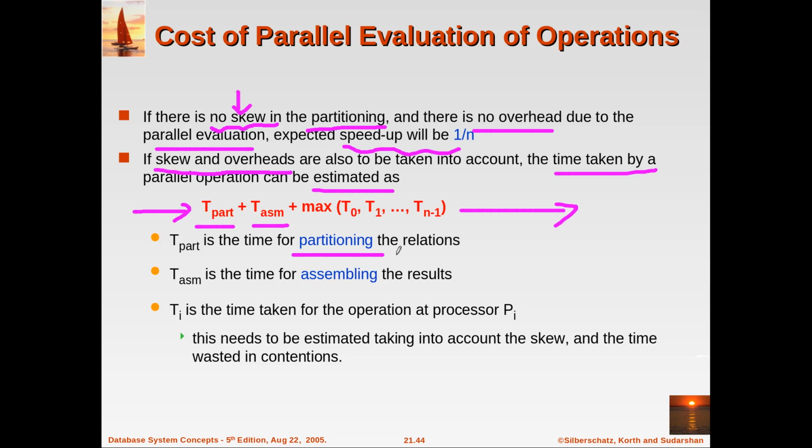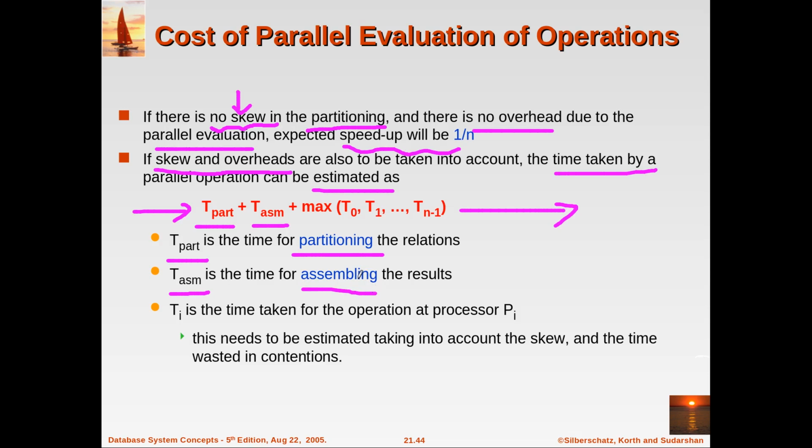For any parallel operation, the initial thing that we do is partition the relation so that the tuples can be distributed among different processors. So initially there will be some time for partitioning this relation. This is called T part, and that time will be wasted here. Now T ASM is the time for assembling the results.